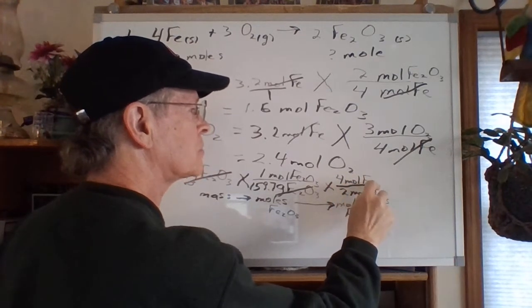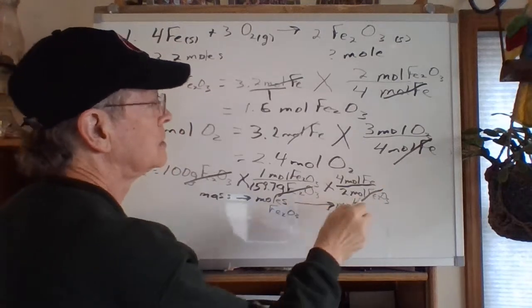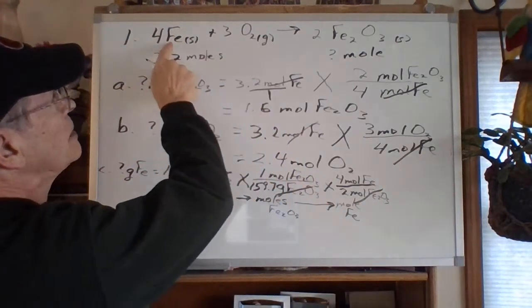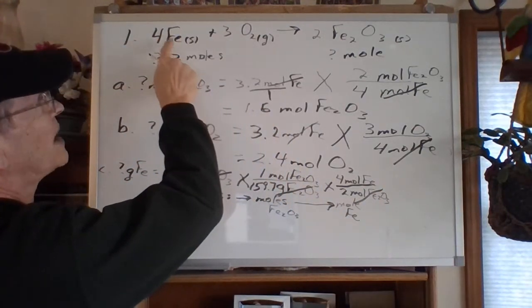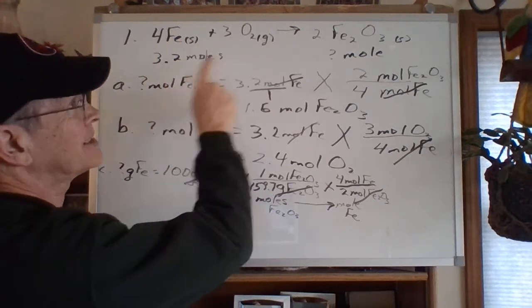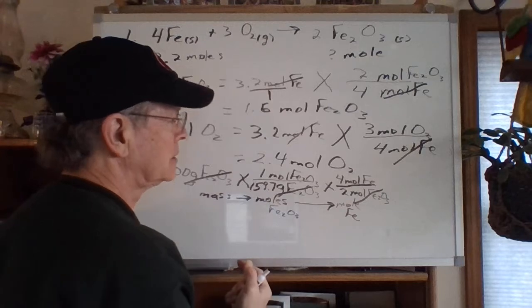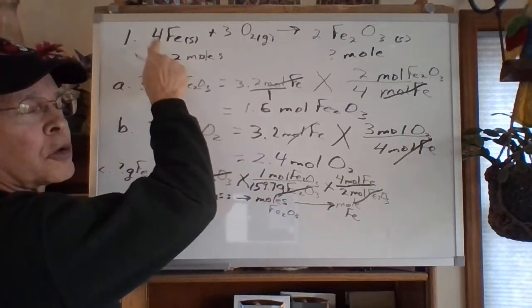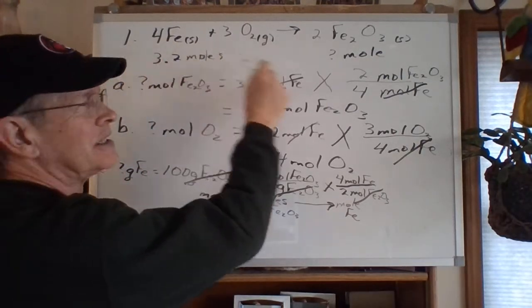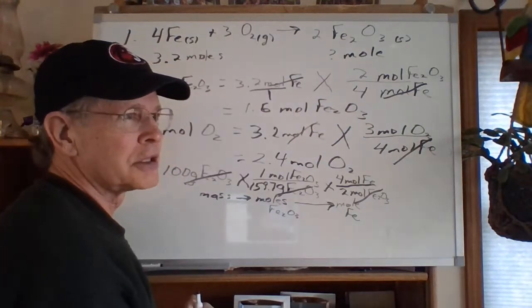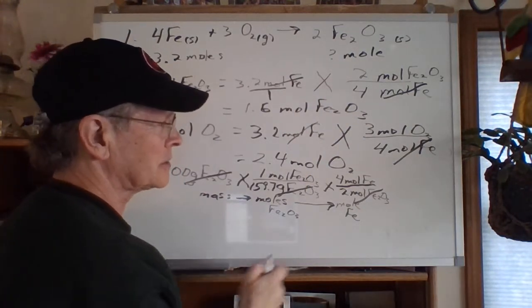Some of you might have just recognized that you need 4 times as many atoms of iron as you get units of iron oxide: 4 moles, 4 units or atoms of iron to make 2 units of iron oxide.